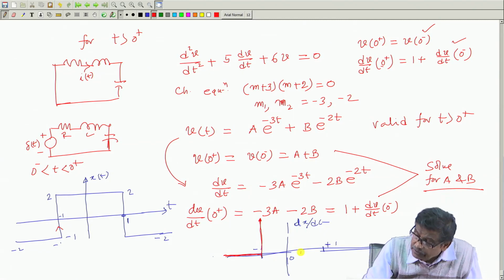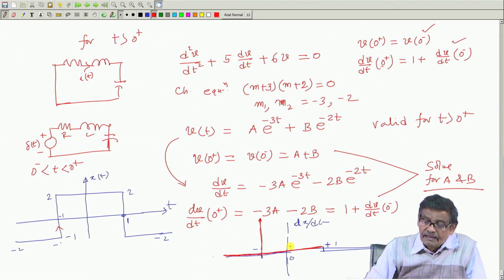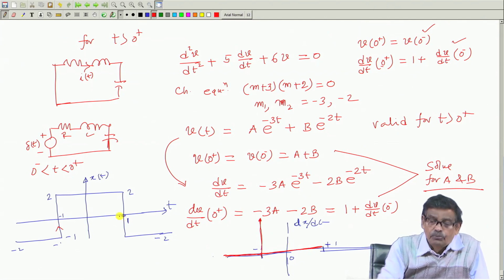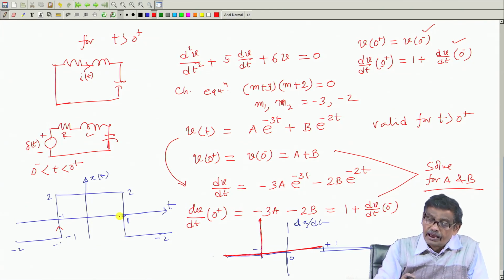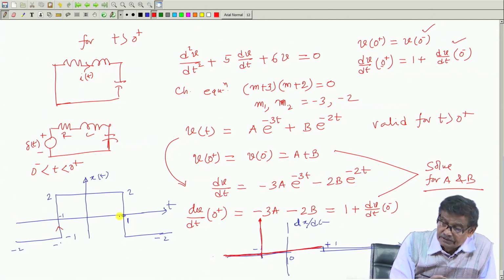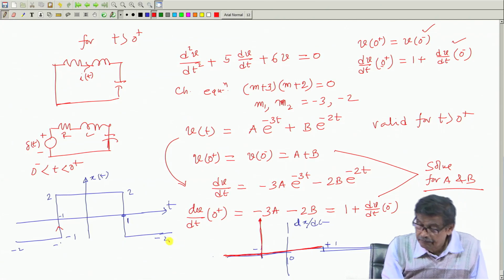Similarly, between -1 and +1, the value is constant, so dx/dt will be 0. And then at t equal to 1, another jump takes place in x(t). Please forgive me, I made a mistake.